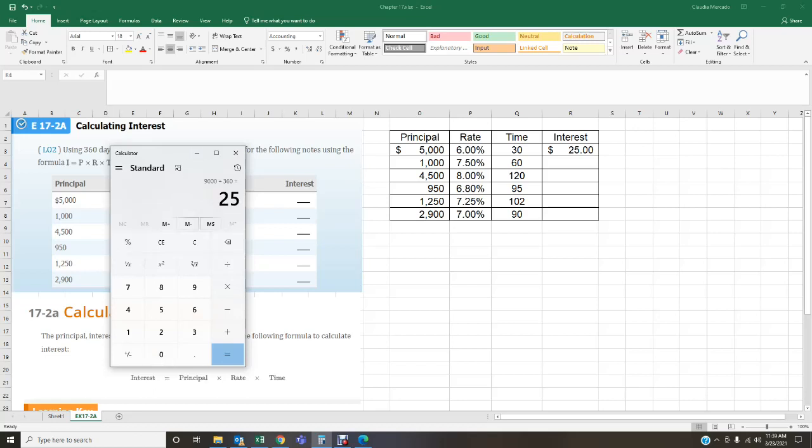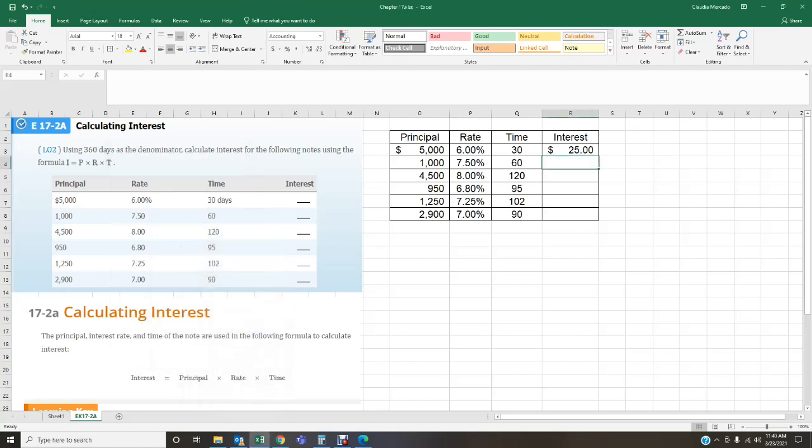So you can do it in a calculator or you can do it here in Excel. So what we're doing is the principal times the rate times the number of days, 60 divided by 360, okay? That gives me $1,250, okay? For $4,500, we're going to get the $4,500 principal times the 8% interest rate times the number of days, 120 days over 360 days.